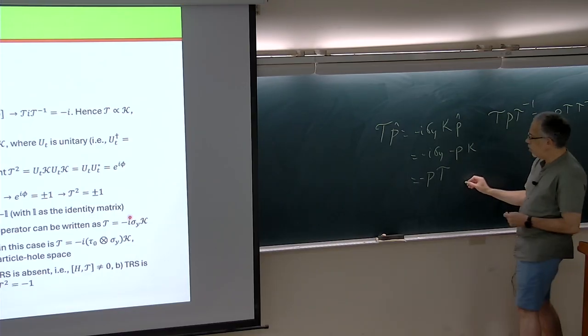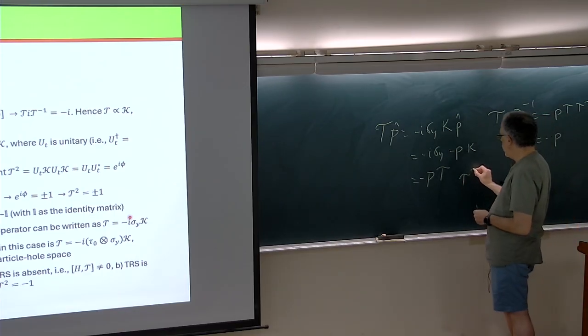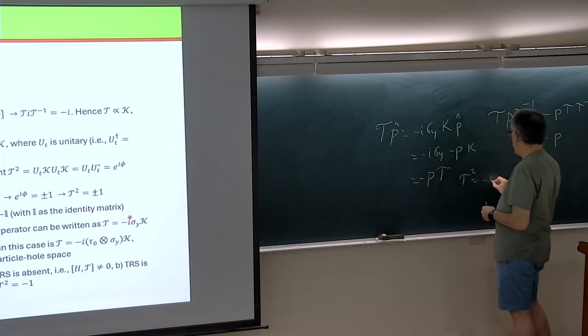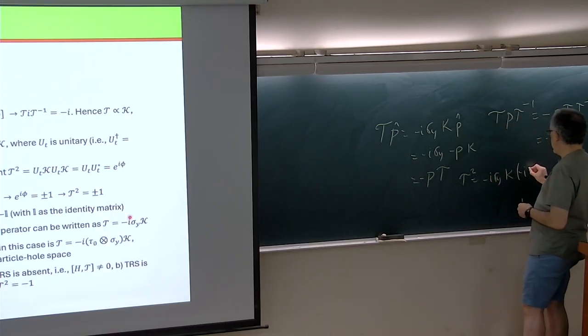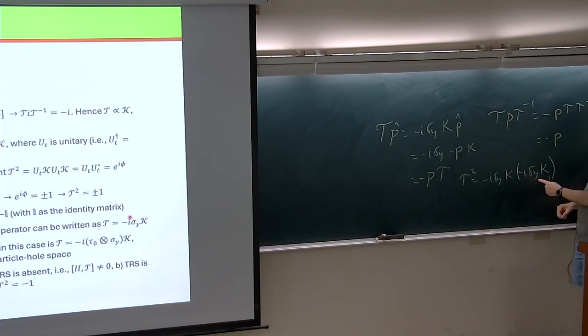And you can find T squared for this case. It's just -i sigma_y K times -i sigma_y K. Now i sigma_y is a real matrix, so K is not doing anything because this is real.